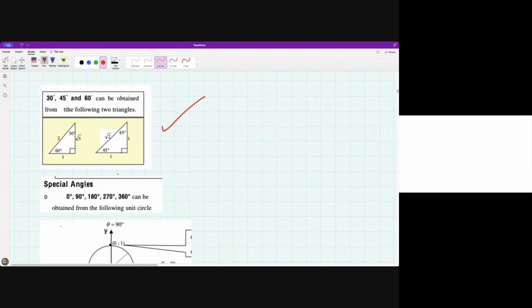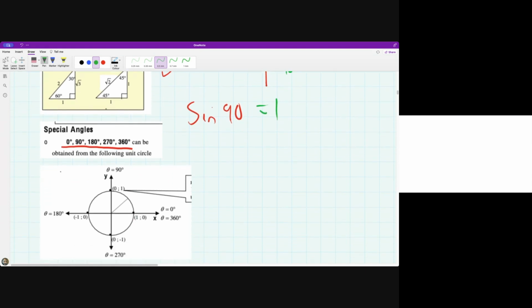You also have special angles like the sine of 90, but the sine of 90 you can just get from the sine graph. If you imagine the sine graph, the sine of 90 will just get up to 1. You can check this on your calculator, but you do need to know how to evaluate the angles that fall on the corners.